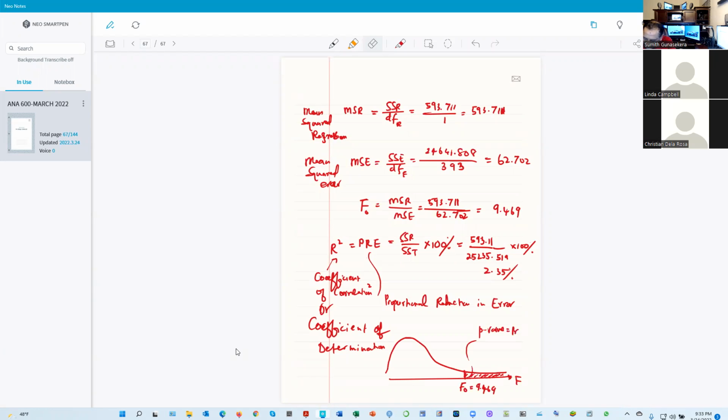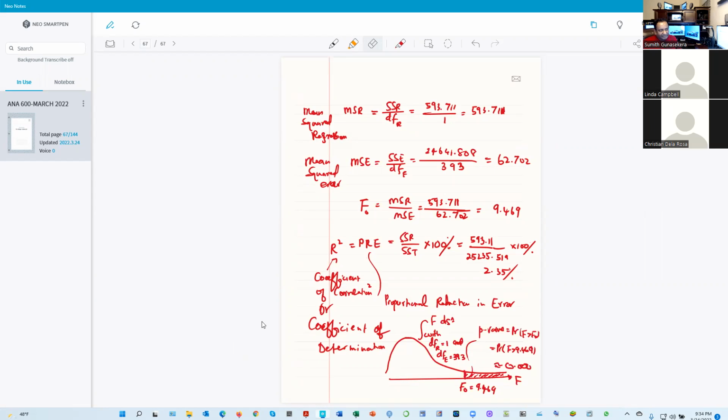This is called the F distribution, with degrees of freedom regression, which is 1, and degrees of freedom error, which is 393. The probability that F is greater than 9.469 is almost 0. That's how you got the p-value from the F distribution, which is right skewed.